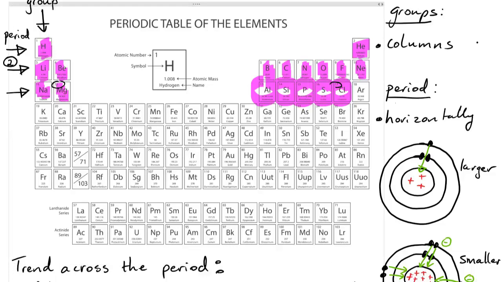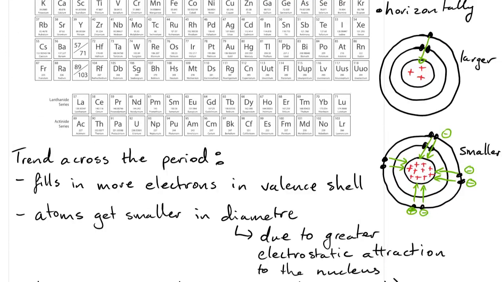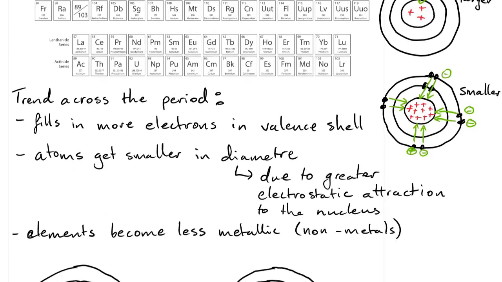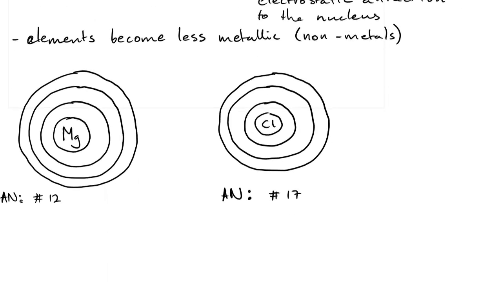So chlorine has 7, whereas magnesium only has 2 in its valence shell. Okay, so let's fill this in. So 1, 2, same as here. These are not different. So you have to fill in the second shell to get to the third one. They're exactly the same.